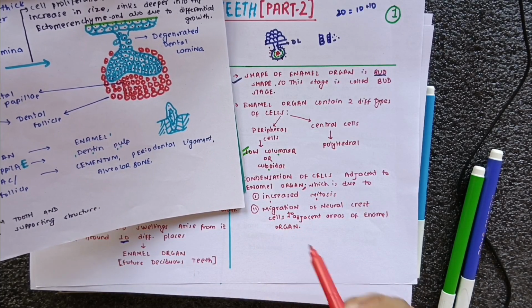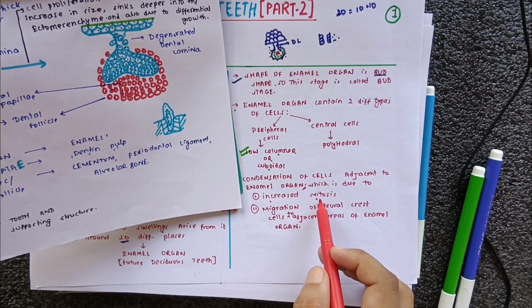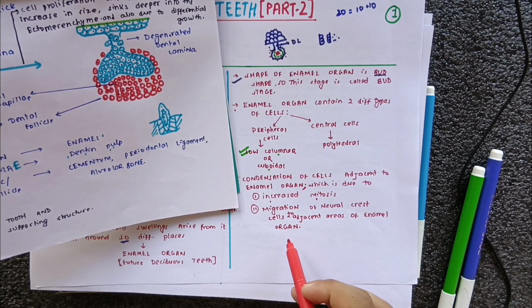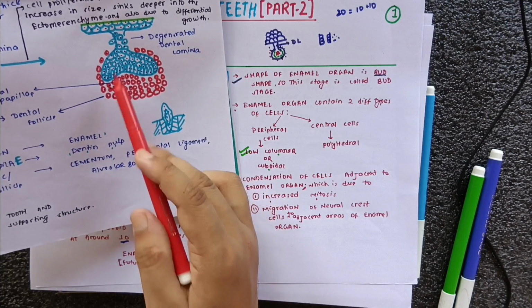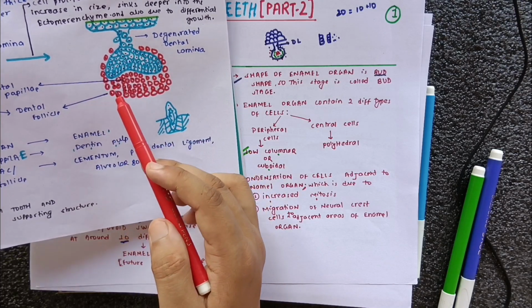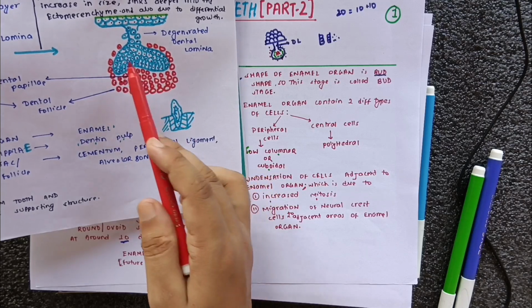So, as I have written here, this is due to the increased mitosis and the migration of the neural crest cells to the adjacent areas of the enamel organ. As you can see, the cells around this enamel organ are condensed connective tissue.